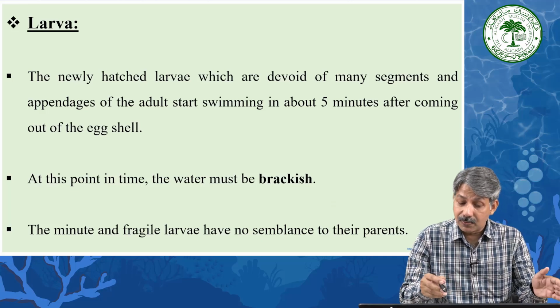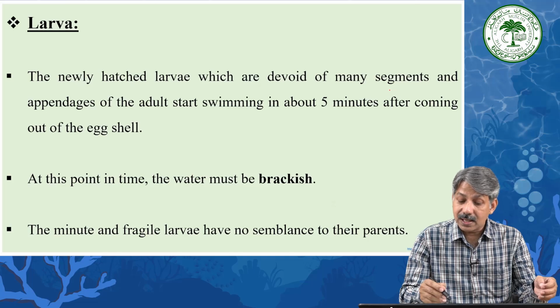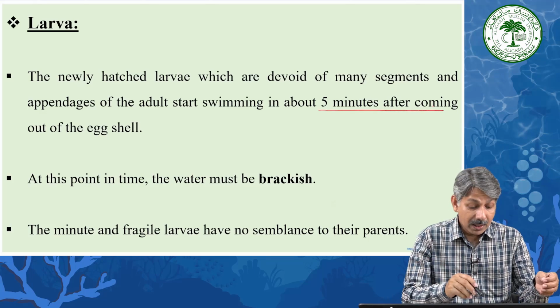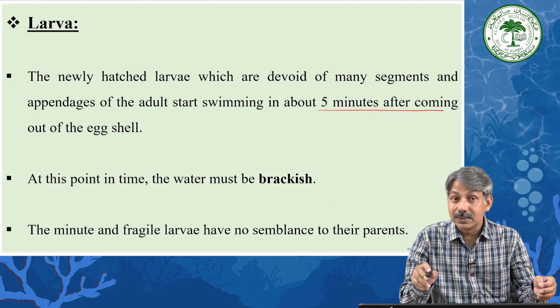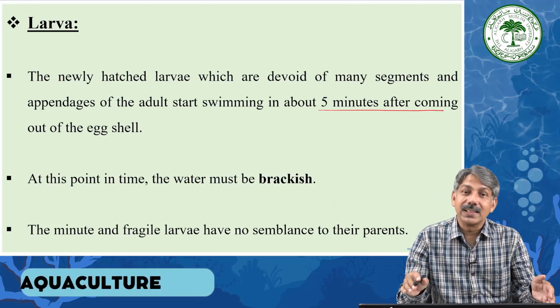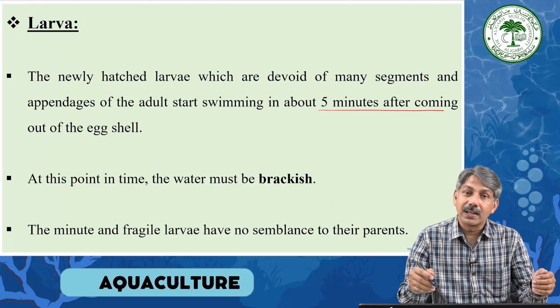The newly hatched larvae, which are devoid of many segments and appendages of the adult, start swimming about 5 minutes after coming out of the eggshell. At this point of time, the water must be brackish because they are a little bit sensitive to salinity change, and you should take care of the requirement of water salinity or water quality by these young larvae.